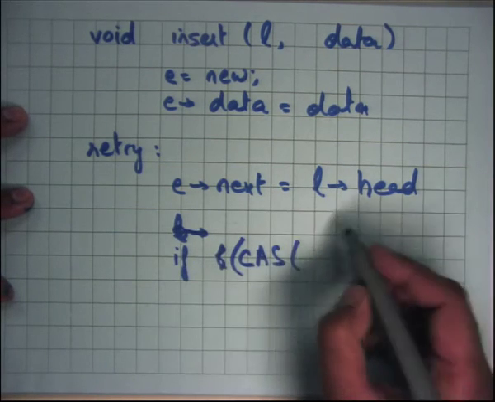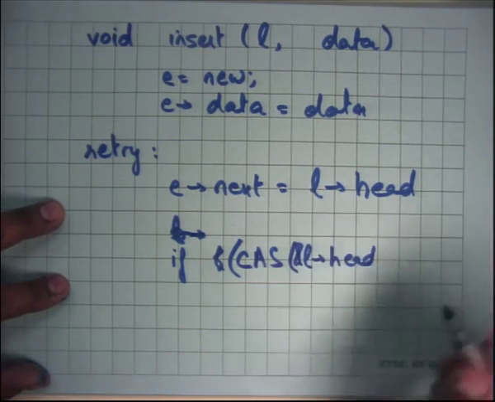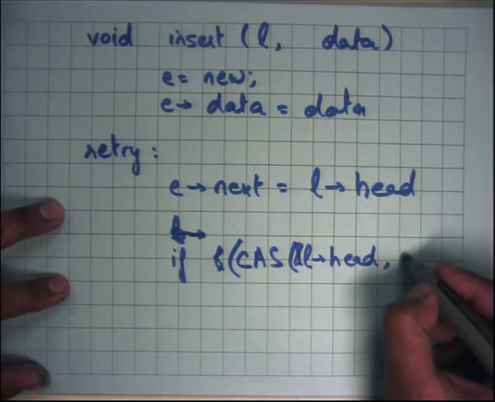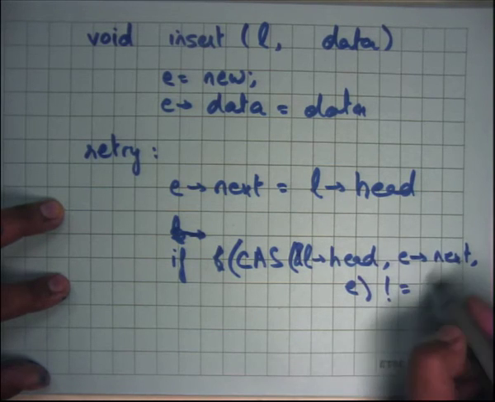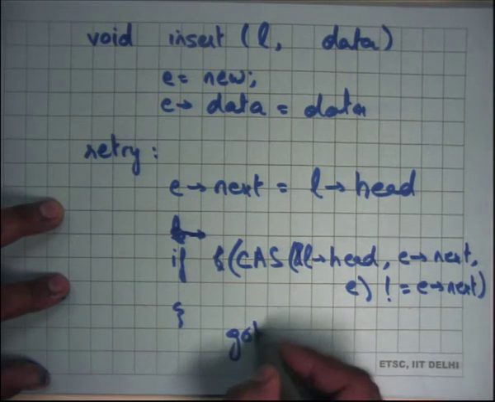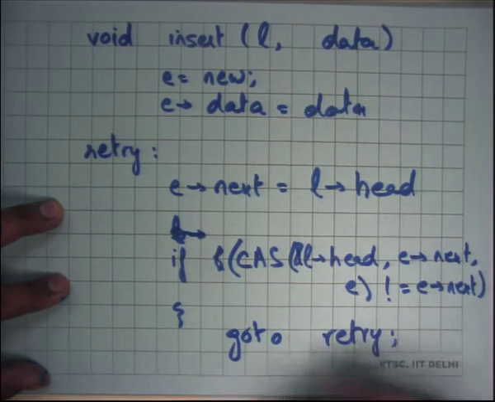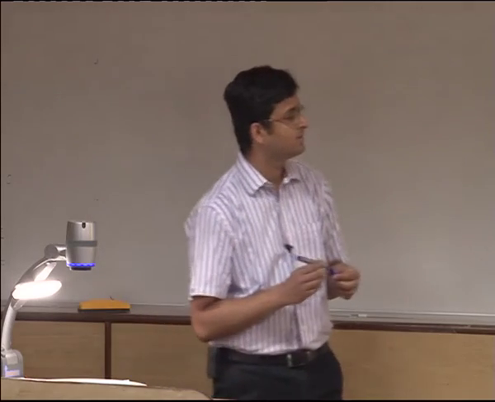If CAS of address of L dot head, comma E dot next, comma E is not equal to E dot next, then go to retry.